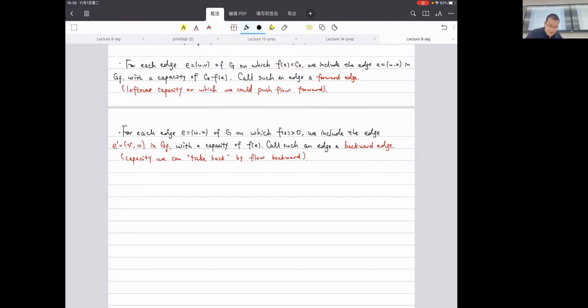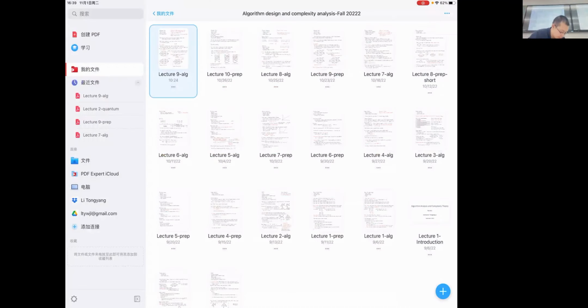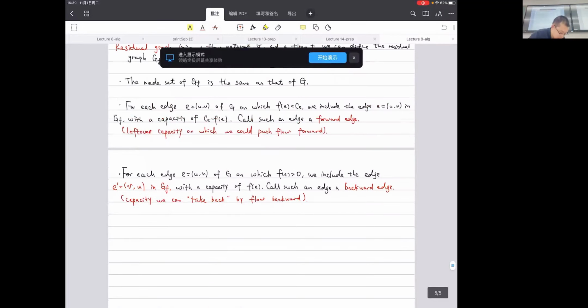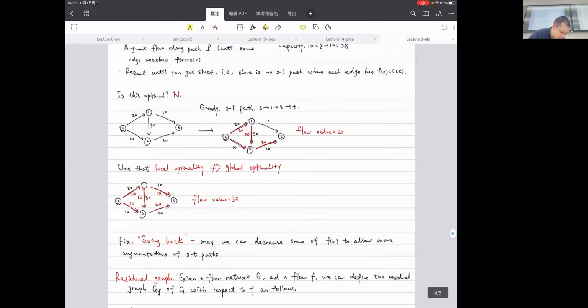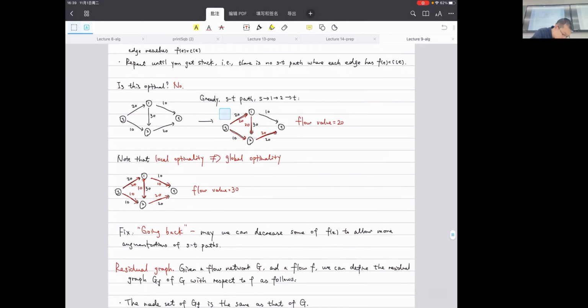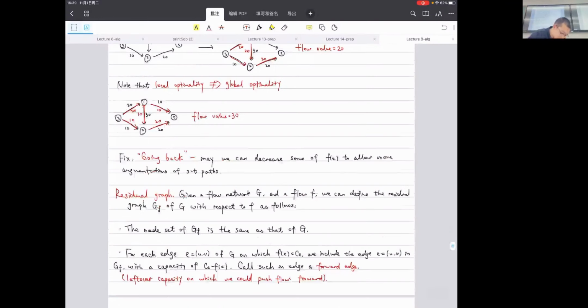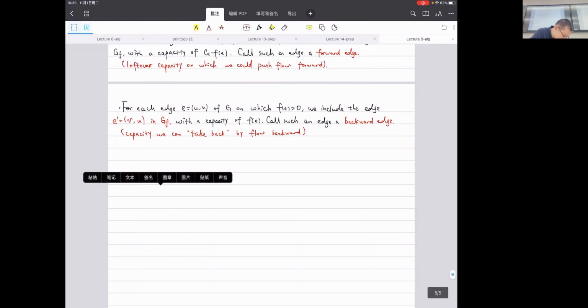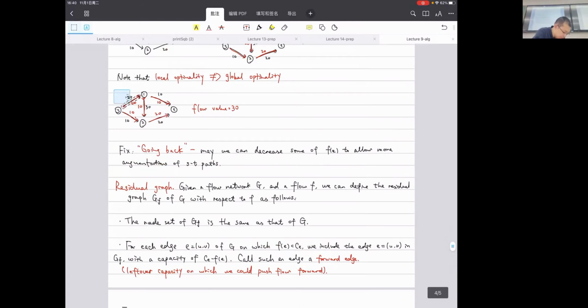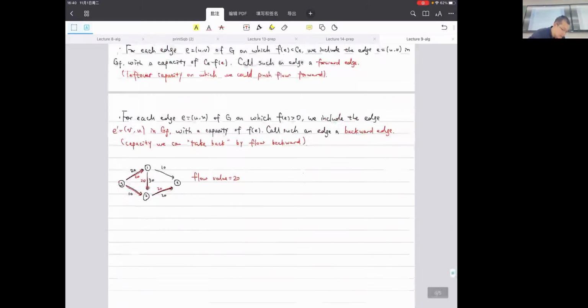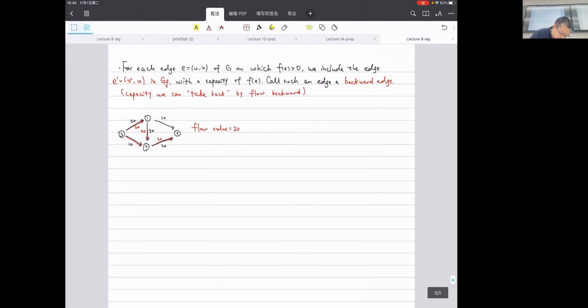Maybe it is going to be more intuitive if we show an example along this. Maybe let me reopen this. So let's, for instance, just use this graph as an example. So we have this graph, this flow that we got from the greedy strategy, and this is the flow that we got using the optimal strategy.